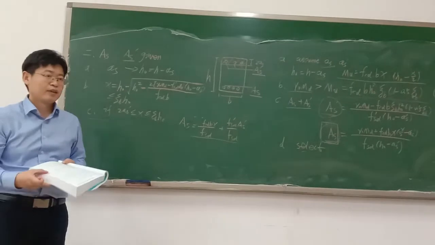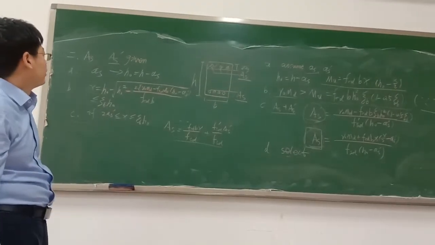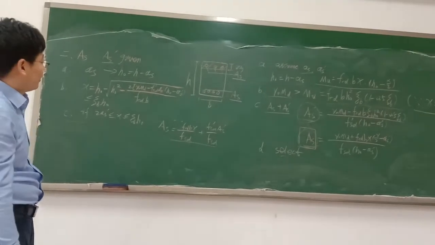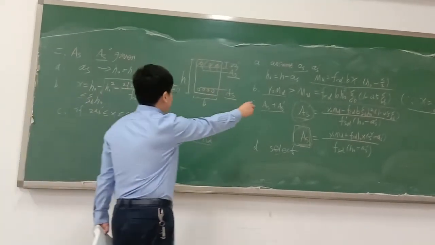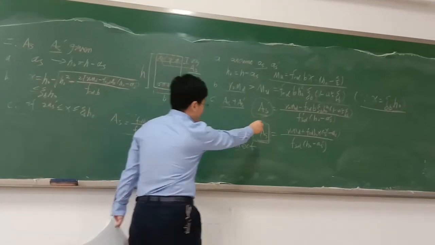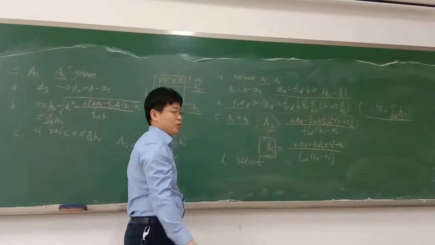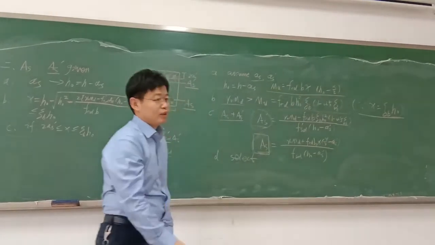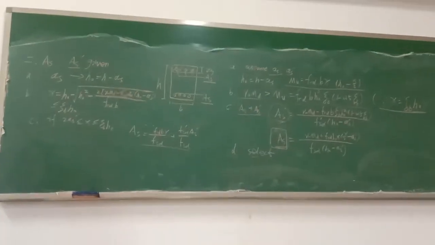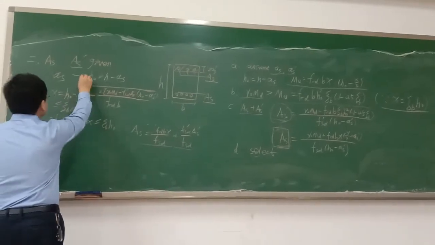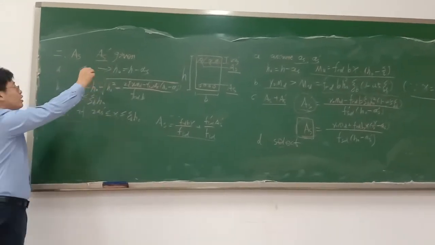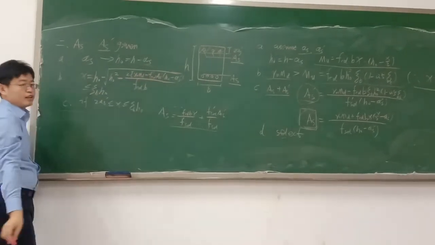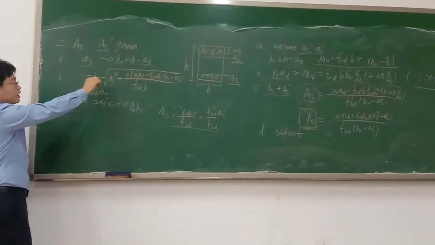When we are given A_s' and we have to calculate A_s, right? In this situation, if A_s' and A_s are both unknown, then we need to assume both. In this situation, A_s' I give to you, we only need to assume A_s. Assume A_s, then get x.